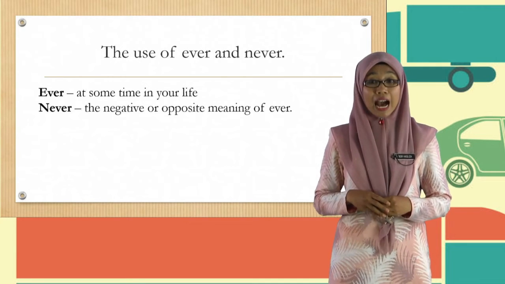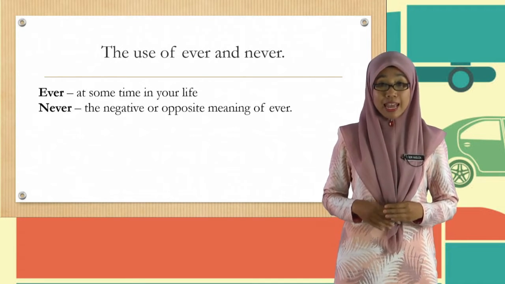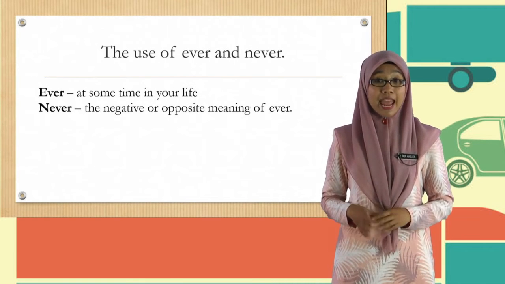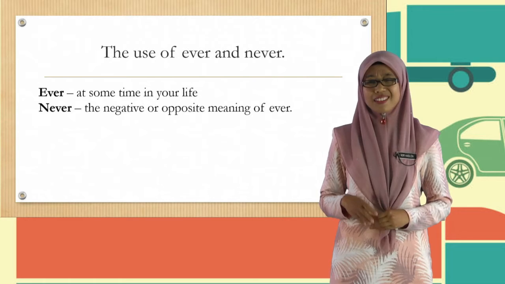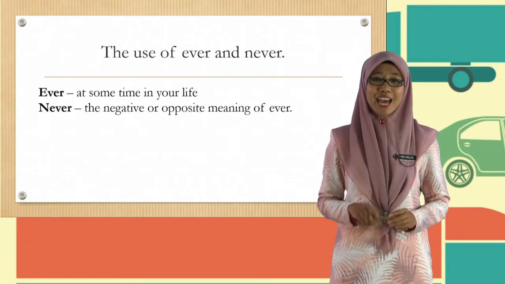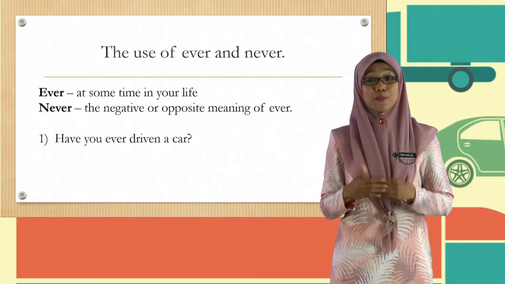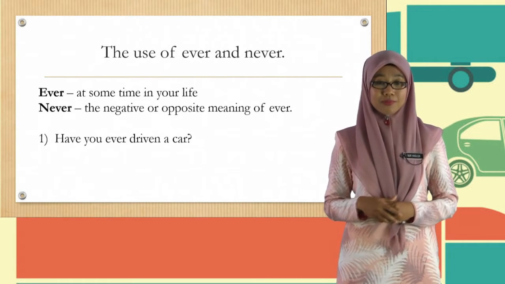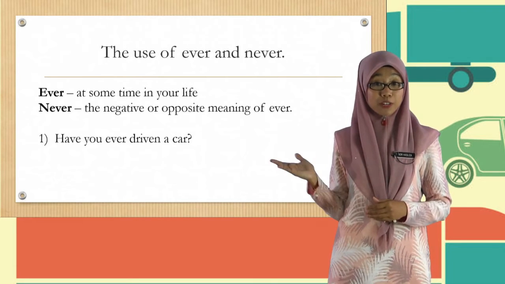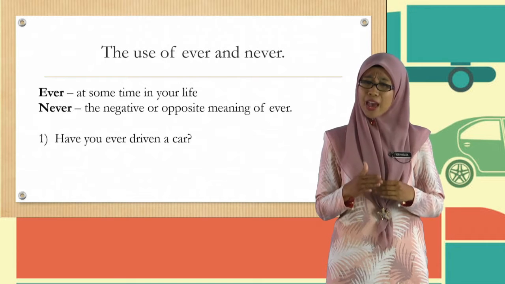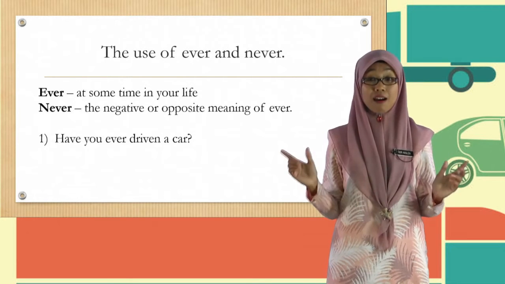Let's look at how to use ever and never in present perfect questions and short answers. It sounds complicated, right? But you don't have to worry. I will simplify it to make it easier to understand. The first example is, have you ever driven a car?